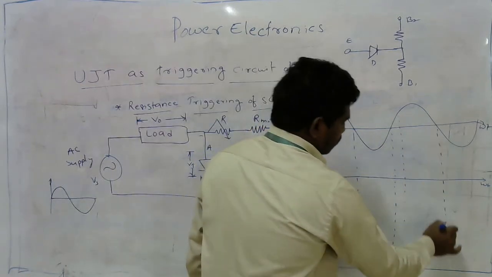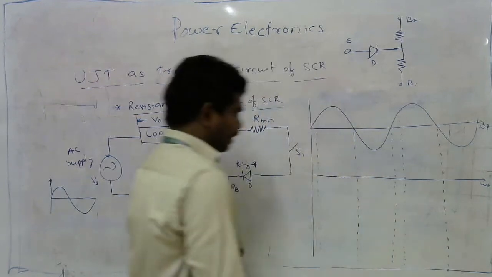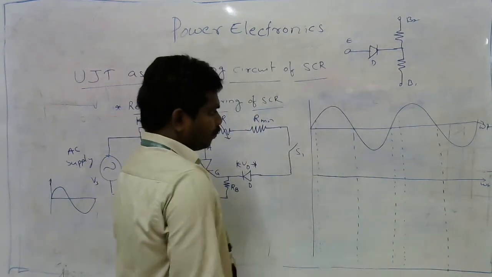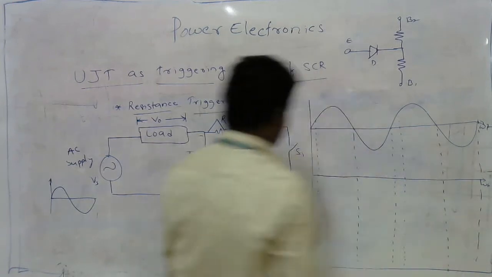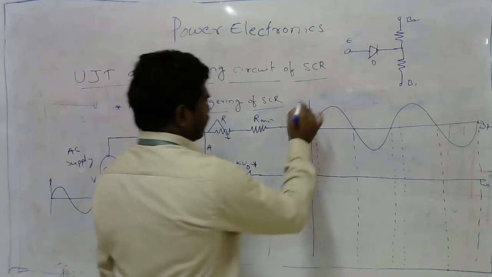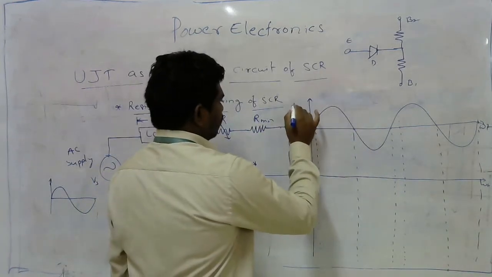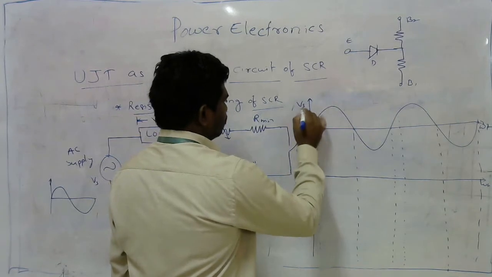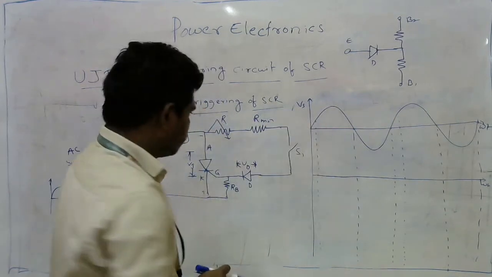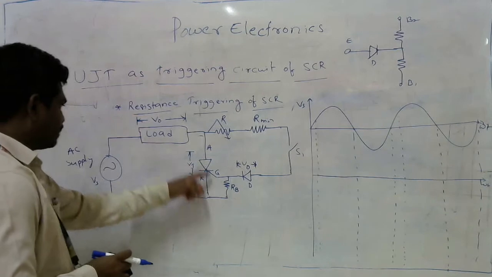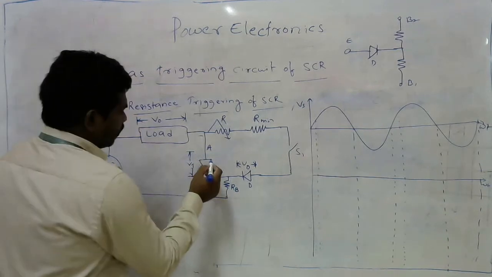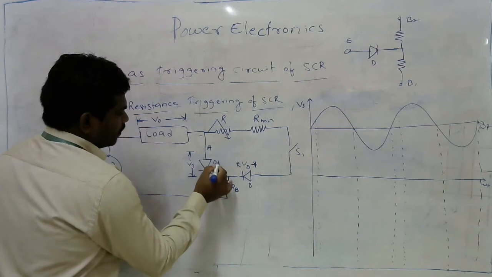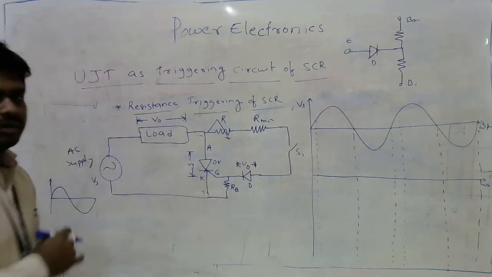Look at this. Like this, we have to draw the vertical lines upon the remaining portion of the waveforms. This way. First of all, I am taking this as my input supply, which I am calling Vs, an alternating quantity. Whenever the SCR is conducting, the voltage across the SCR will be 0 because it is acting as a short circuit.